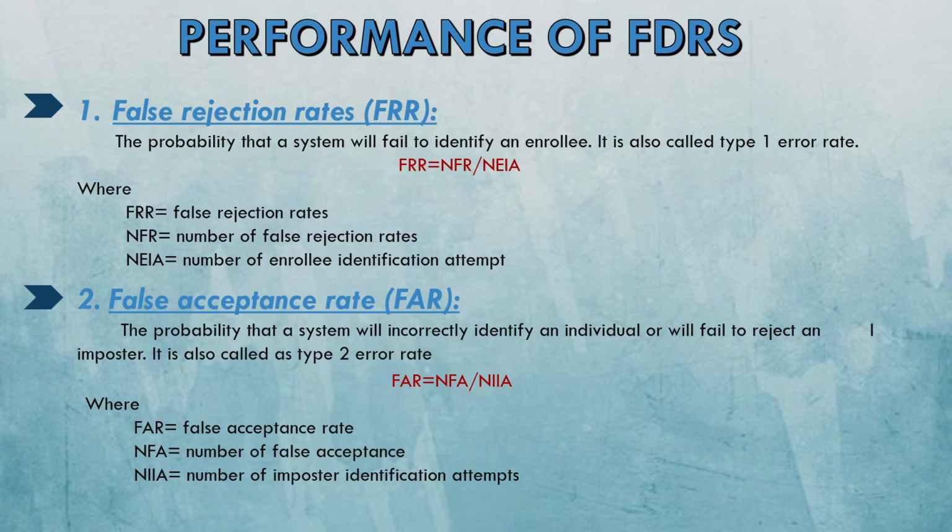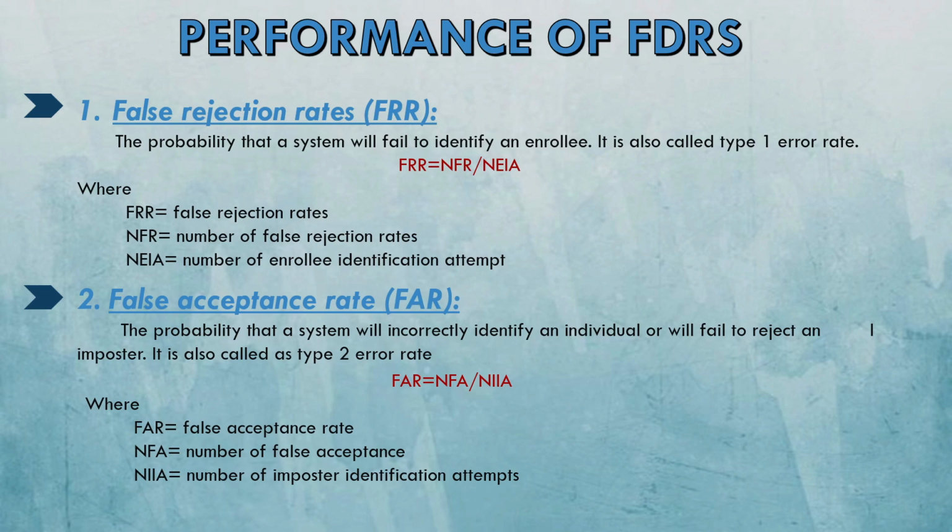So this is a false thing, that is nothing but the false acceptance rate. Even though we don't have that data, the machine learning model says that it has that data. So this is the false acceptance concept, and these are the two performance measures of FDRS.